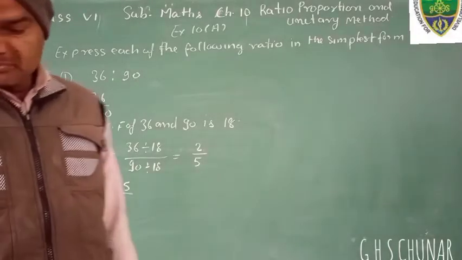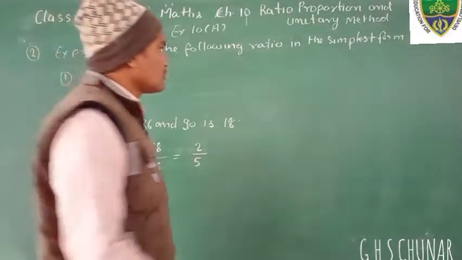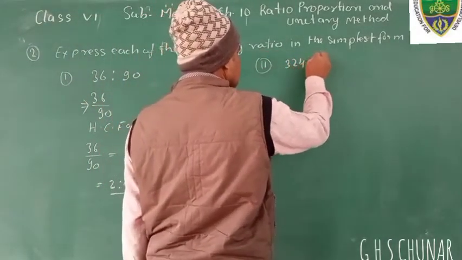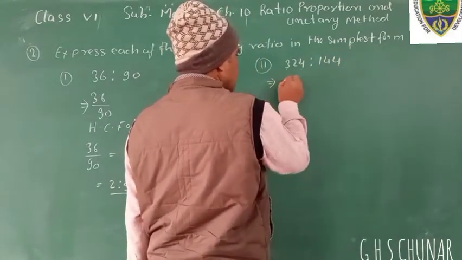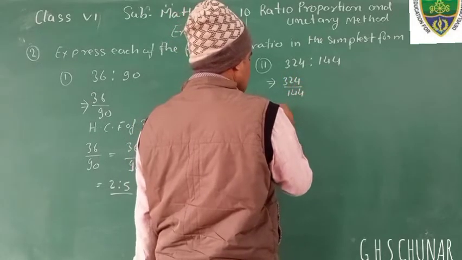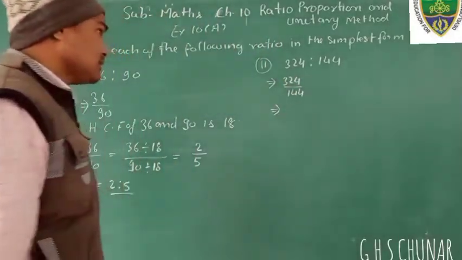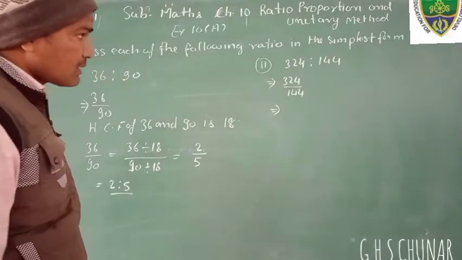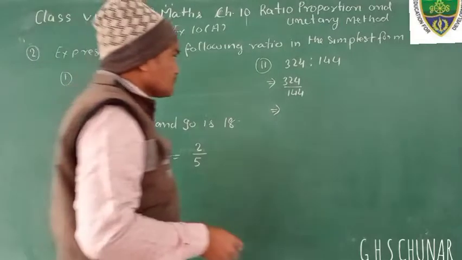Next is 324 ratio 144. We can write it as 324 upon 144. When you convert it to the simplest form, you see that it is cancelled by 12.